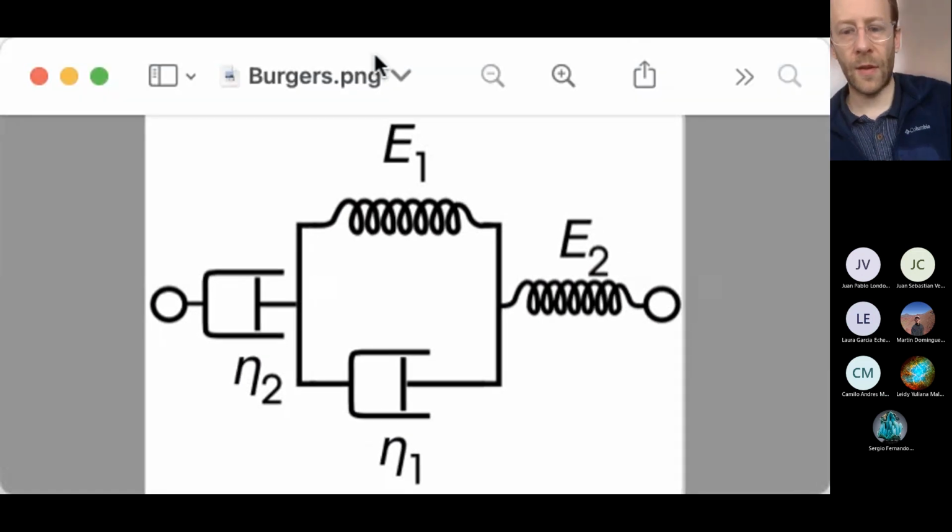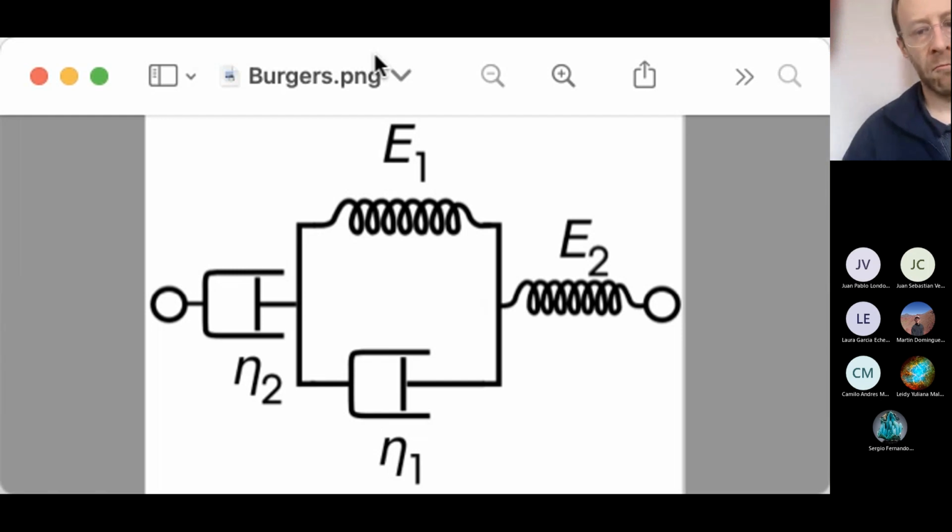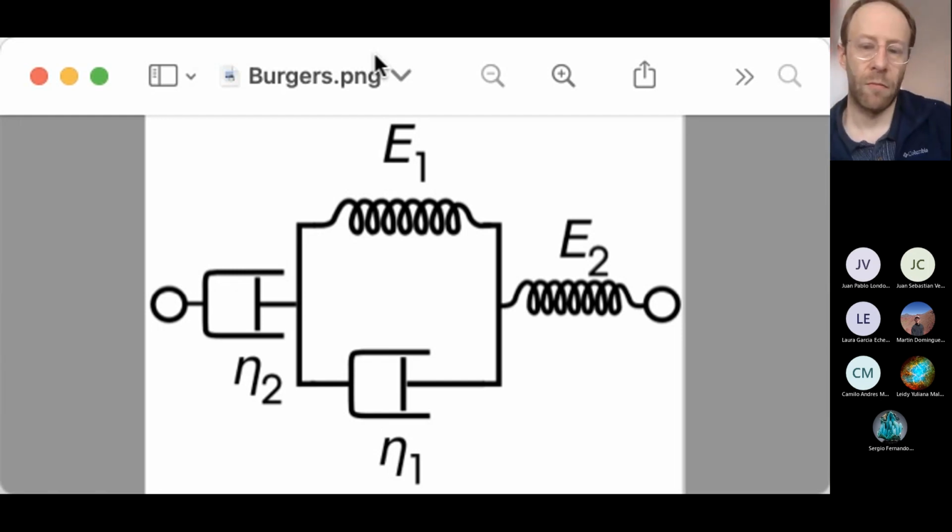So this model that you see is the Burgers model. I think it's one of the standard shapes like this.